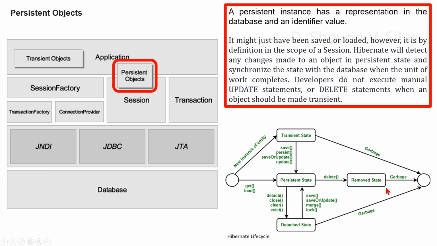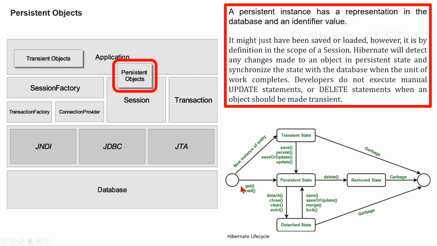It is done by calling the delete operation. As the entity object is in the removed state, if any change is made in the data, it will not affect the database table. Note, to make a removed entity object, we will call the session.delete method.